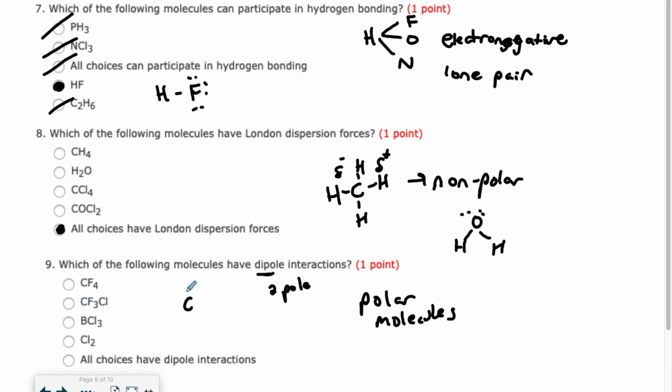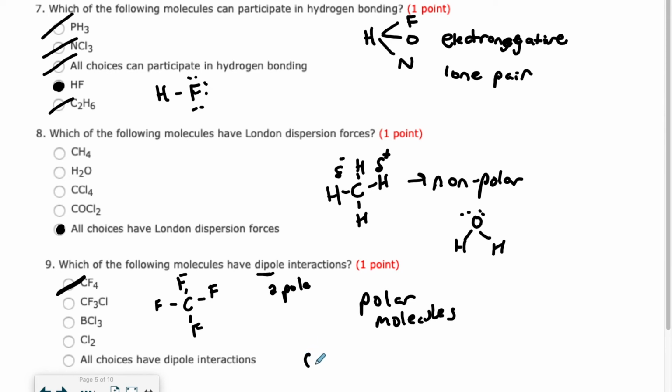If I have the CF4, I have 4 single bonds going to each of these fluorines. Now, while this is a polar bond, this is not a polar molecule because this is completely symmetrical. So since this is a nonpolar molecule, it cannot have dipole interactions. So it can't be that choice.